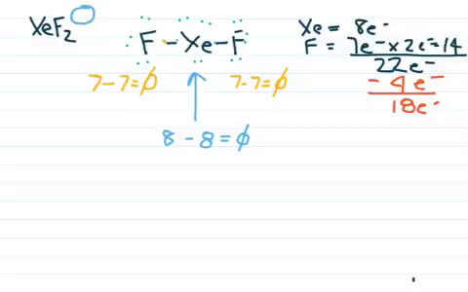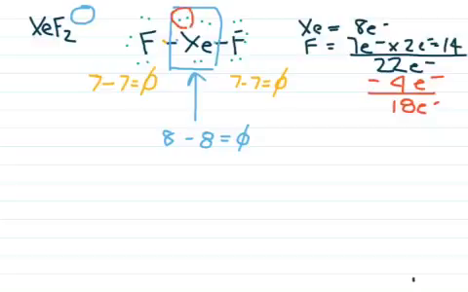Now the next step is we need to figure out, what is this angle? What is its VSEPR? So we're going to look at the central atom, xenon, and count how many things are around xenon. We're going to take our little red marker.